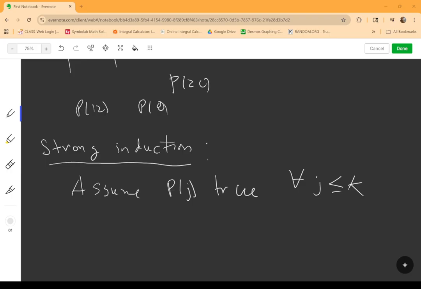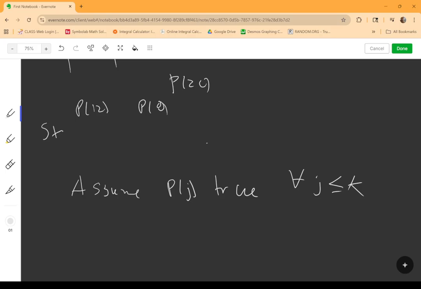Sorry, before we get to that, I forgot the important part.